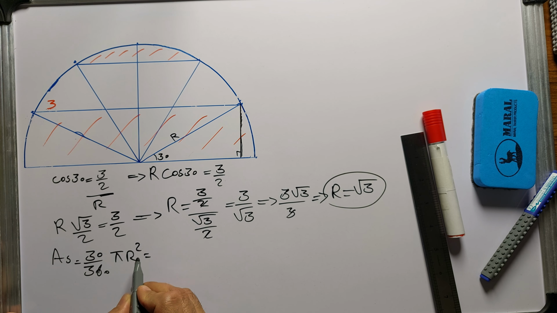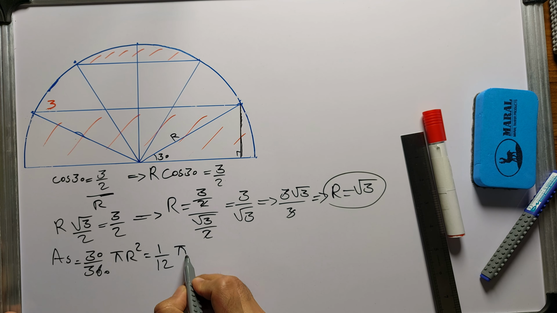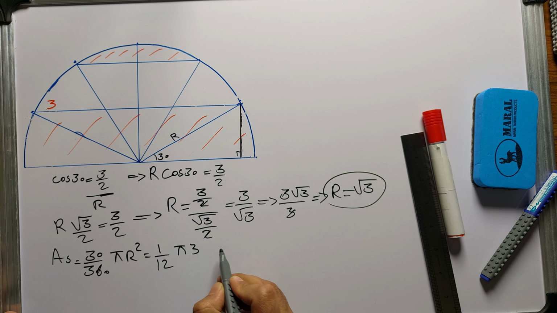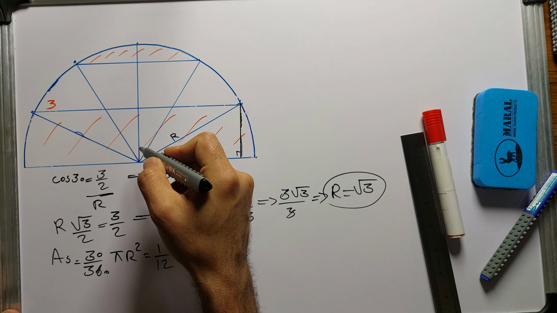So that's 1 over 12 pi, and r is square root of 3. So r squared is just 3. So the numerator and denominator cancel each other. So what we have here is pi over 4. So pi over 4 is the area of one slice.